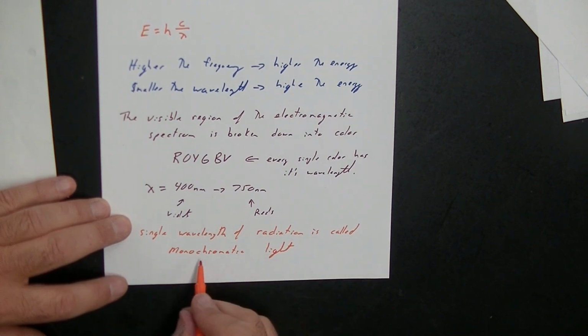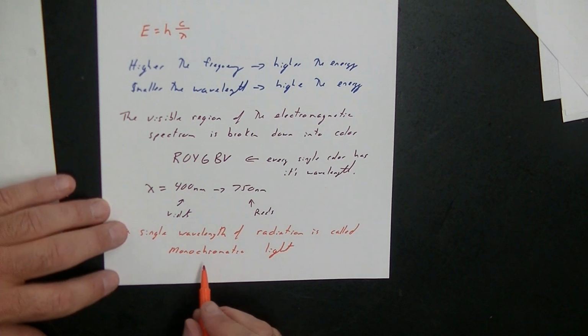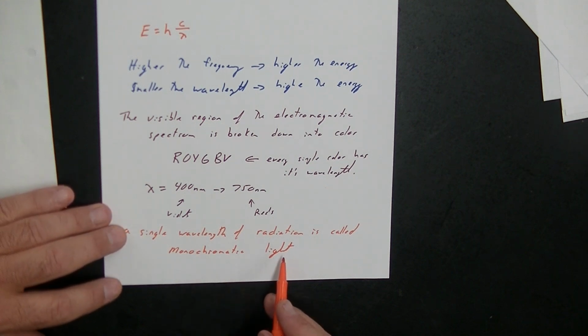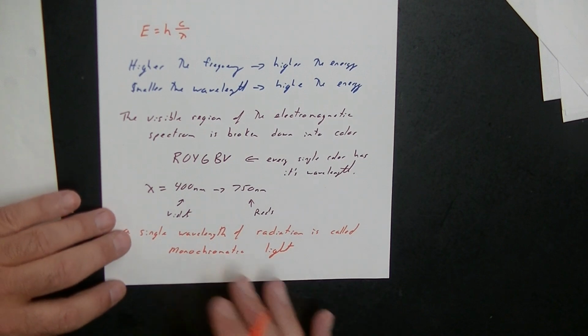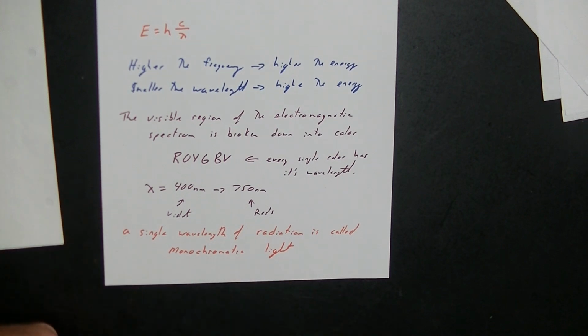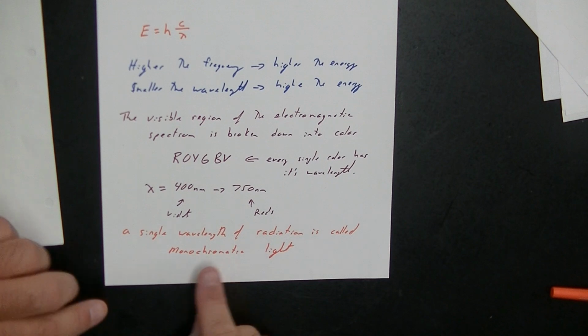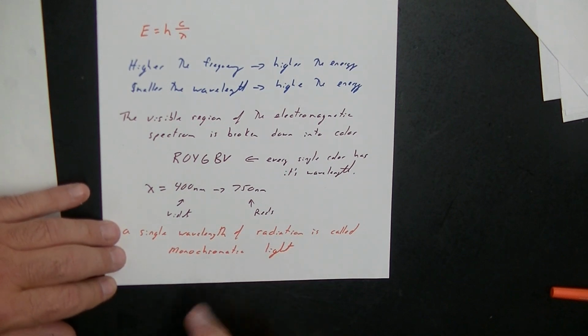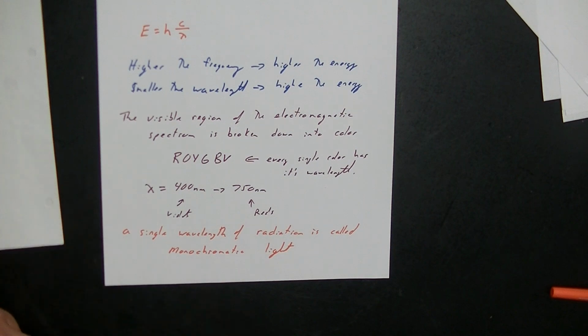Mono means one. So we got one wavelength of light. Now lasers generally are monochromatic. If you see a laser, it's producing one wavelength, and that would be monochromatic.